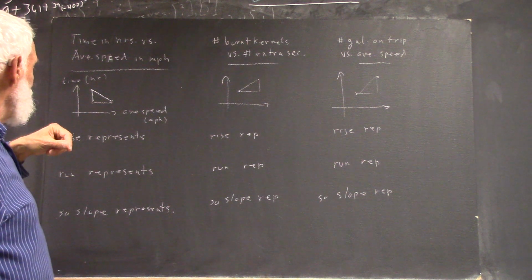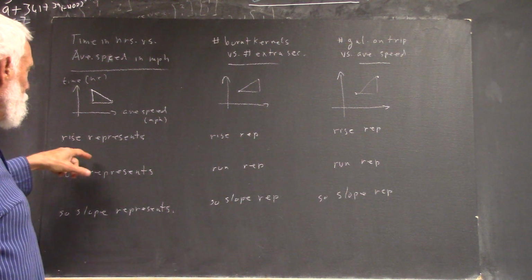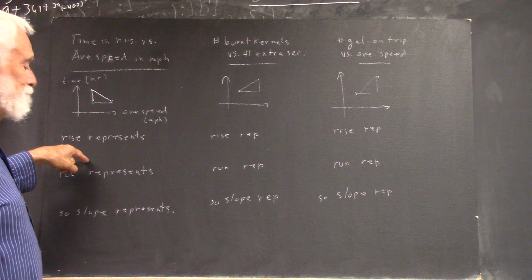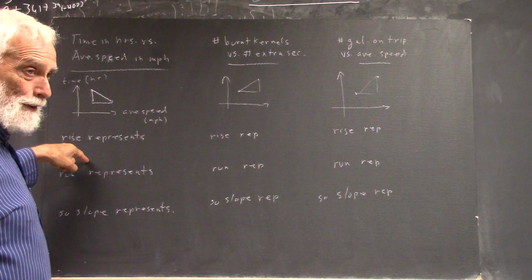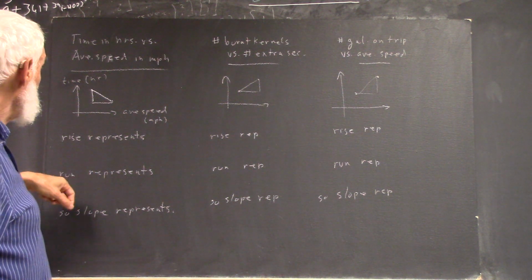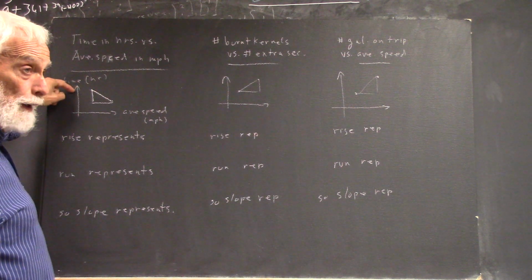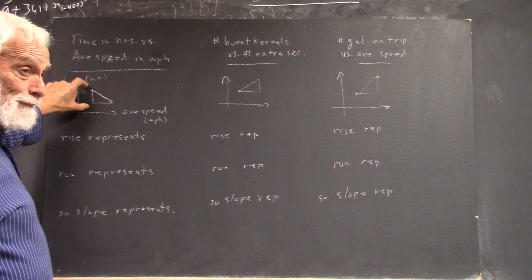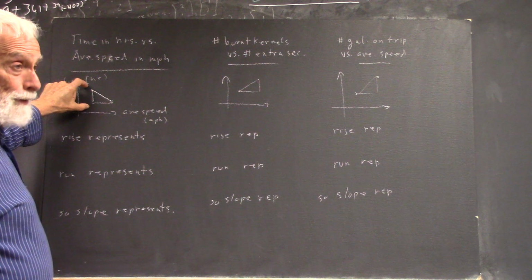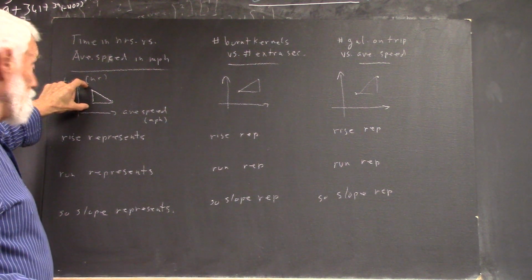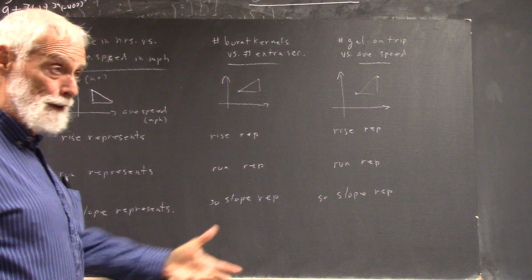Okay, the first answer I got was the rise represents a time in hours. It doesn't represent the time in hours. Why not? Time in hours is a coordinate of a single point on a graph. It's not a rise. Now when I made that statement, I immediately said, well, it's the increase or decrease in the time in hours, right?